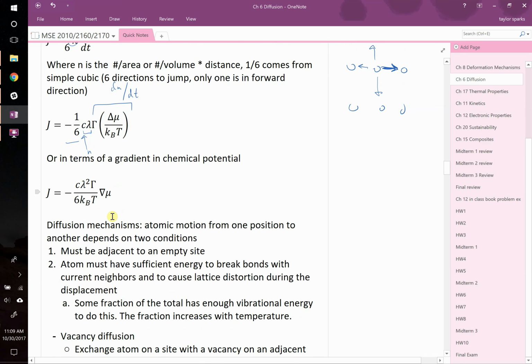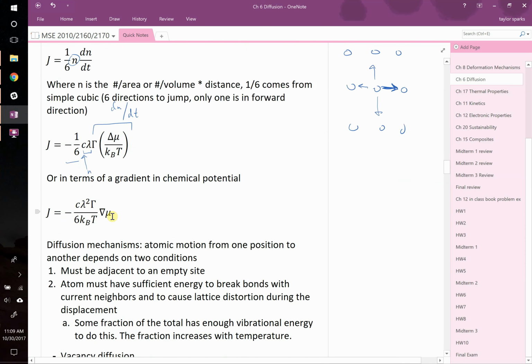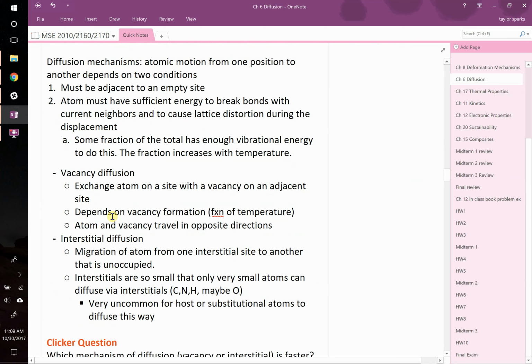So now that we've got some of the basic math in place for how this happens, let's talk about the mechanisms. Diffusion can happen via different mechanisms. What it's going to rely on is atomic motion jumping from site to site. Therefore, we have to have the following conditions. First, there has to be an adjacent empty site. If you're going to hop from one site to another, it has to be an empty site. Imagine students. If I took one student and he's surrounded by students that have filled seats, he can't jump into their seat, right?